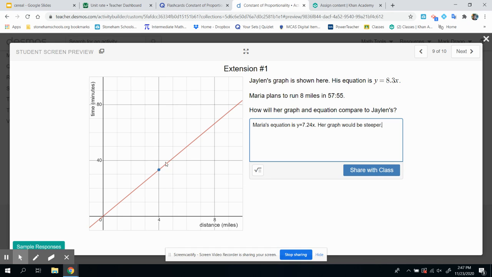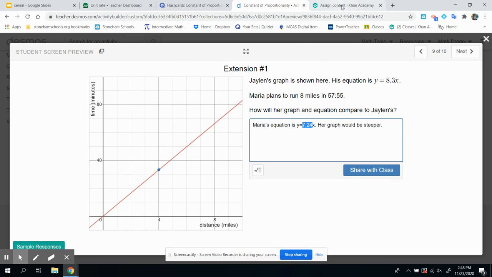So the constant proportionality for Jalen was 8.3, the coefficient here. And the constant proportionality for Maria was 7.2. So in an equation where you have y equals and the variable x here, the constant proportionality is that coefficient, that number that we often highlight, right? And then that affects how steep this line is.